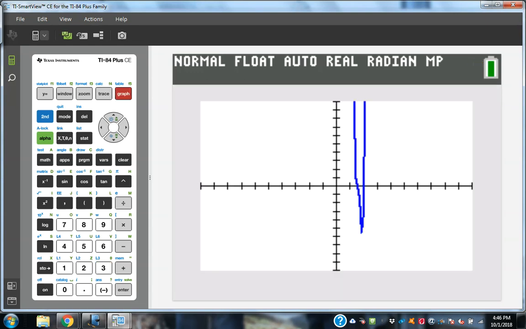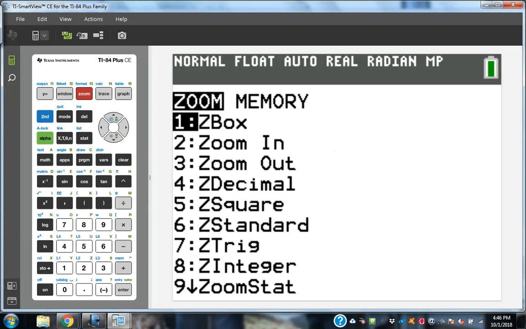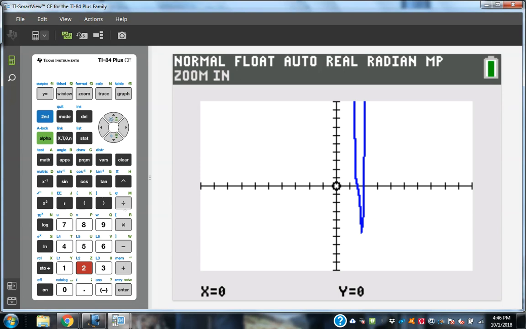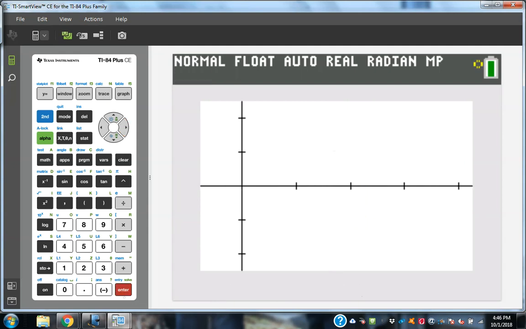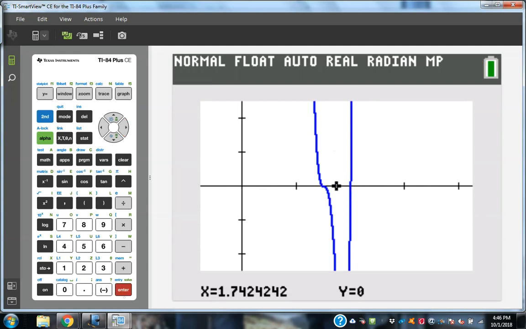Hard to see it, but I'm going to zoom in a little bit so you can see better. Try to zoom in right in between those two. All right, so we've got it crossing the x-axis.